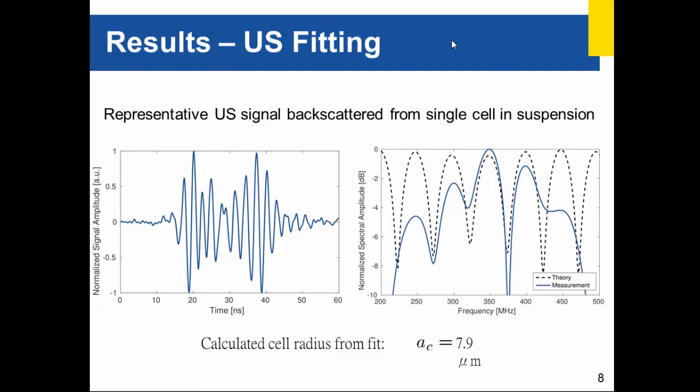This is not as nice as the previous theoretical results because of the effect of transducer bandwidth. If we fit this to the theoretical formula, we have this black line, and using this fitted value, we were able to calculate the radius of the cell, in this case, to be 7.59 micrometers.